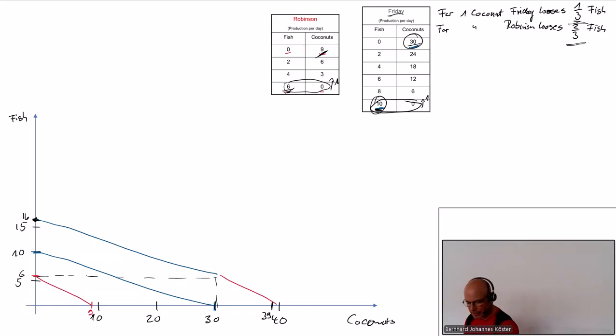So in general, in order to get the aggregated production possibility for both means to move horizontally the steeper production possibility to the right and vertically the flatter production possibility upwards.